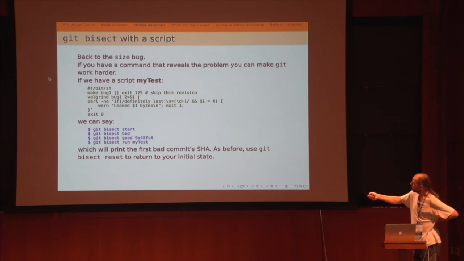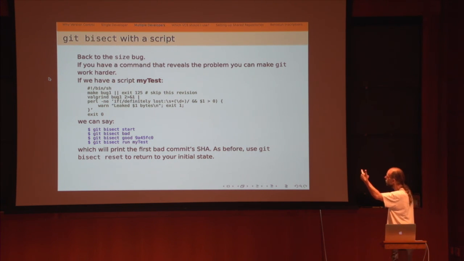If I fail to run make, then exit 125 is the magic, look it up, command for saying ignore this thing. I run valgrind. Valgrind is a program for looking for memory leaks. If I find in the output from valgrind running Perl that it says I definitely leaked something, then I exit 1, otherwise I'm fine.